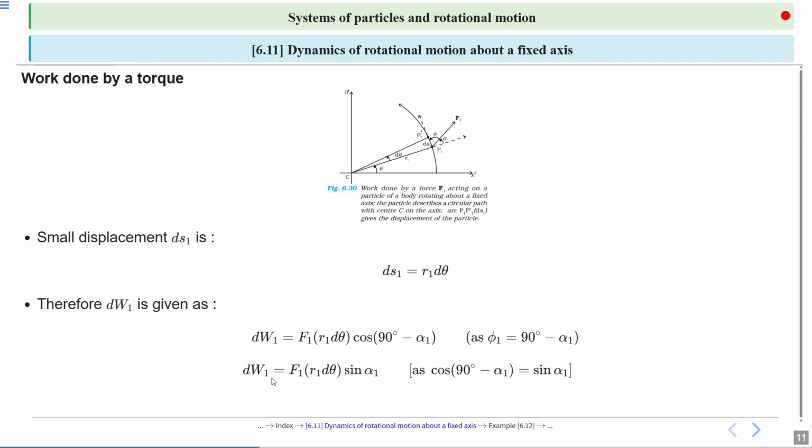So dw1 is equal to F1 r1 d theta cos 90 minus alpha 1, which is sin alpha 1. You know the formula, cos 90 minus theta is equal to sin theta. So here the angle is alpha 1, so cos 90 degree minus alpha 1 is equal to sin alpha 1. All right. Are you getting it? Got it? So F1 r1 d theta sin alpha 1, where alpha 1 is the angle between force F1 and the radius vector OP1, this one.